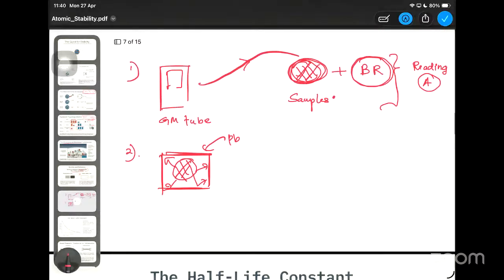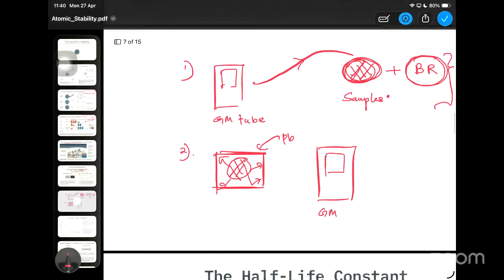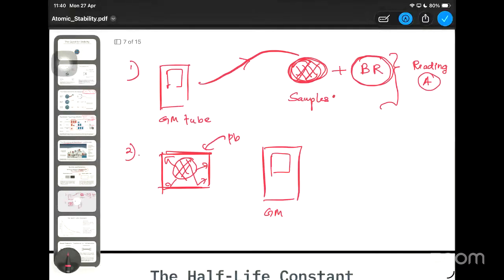So now the radiation is trapped inside this box. Now we take the GM tube and take a reading. This will give only the background radiation. This is going to be the reading B.